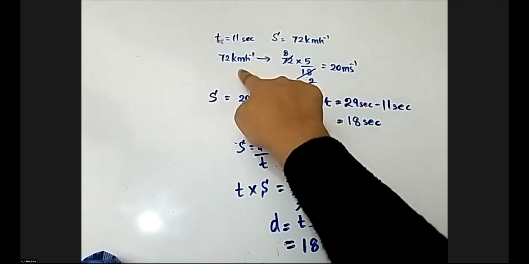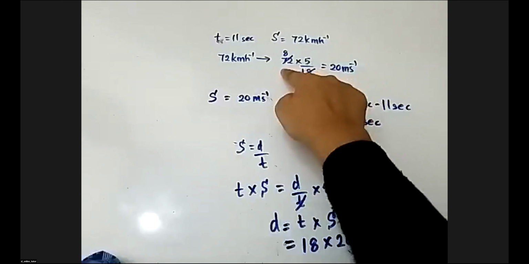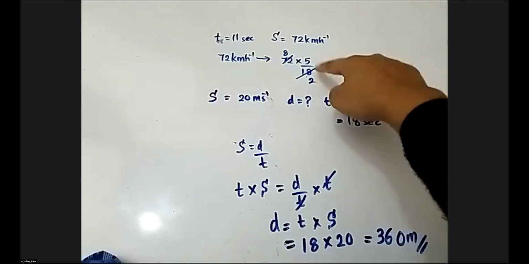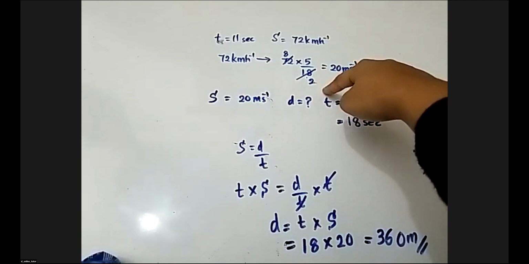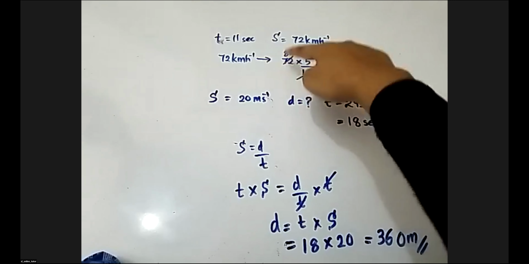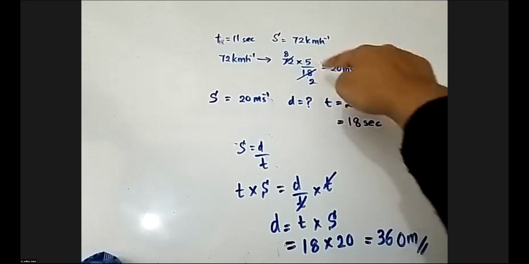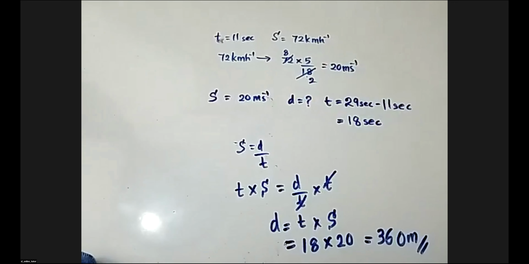Converting kilometers per hour to meters per second is done by multiplying by 5 over 18. 72 and 18, I took it by simplification. 18 divided by 9 is 2. 72 divided by 9 is 8. 8 into 5 is 40. 40 divided by 2 is 20. That's how you got 20 meters per second. Is that clear?